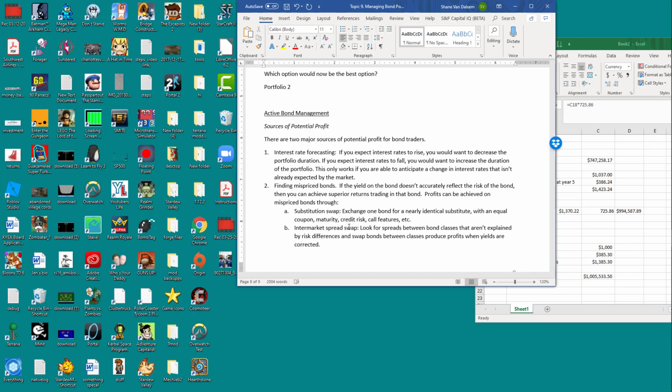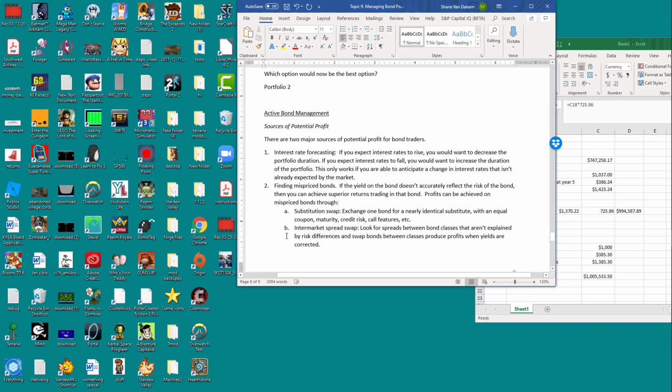The first is interest rate forecasting. If you expect interest rates to rise, you would want to decrease the portfolio duration, because with a decreased duration, with a rise in interest rates, the value of that portfolio is going to increase. If you expect interest rates to fall, you want to increase the duration of the portfolio.